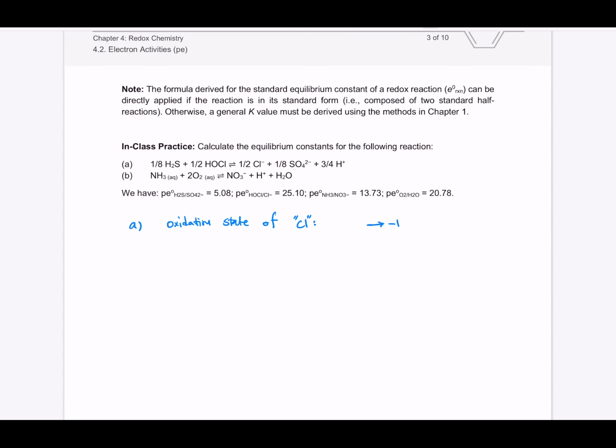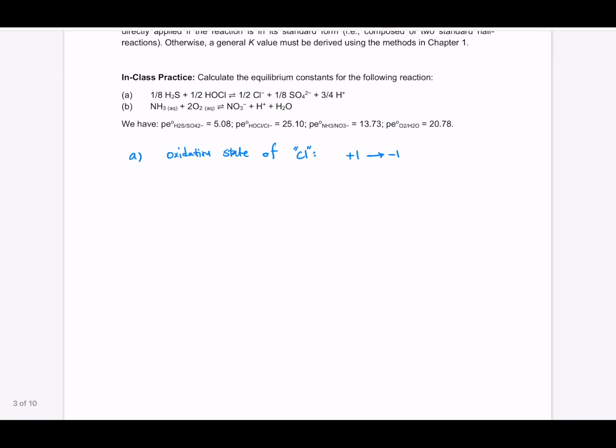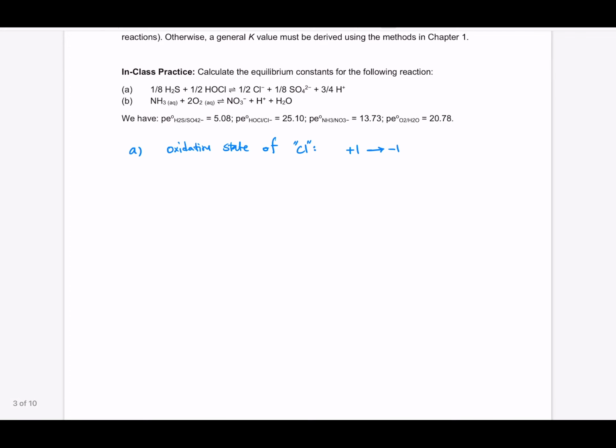So overall, we have a sum of oxidation states of 0. It's going from +1 to -1. That means it's been oxidized. So the oxidation state went down. Or sorry, opposite. So it's been reduced.